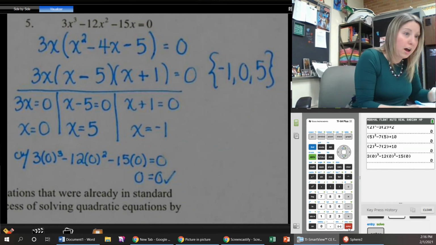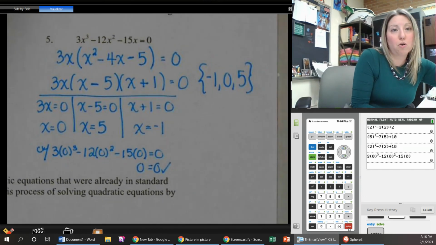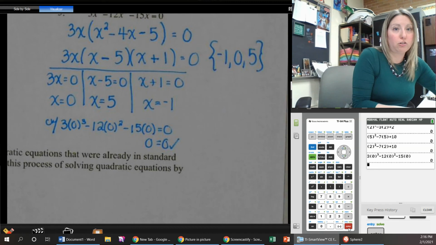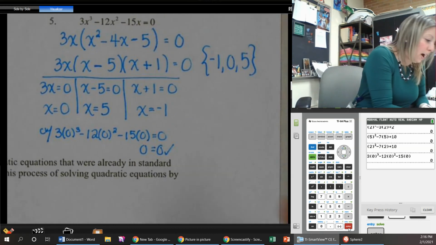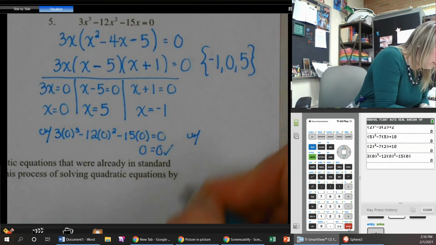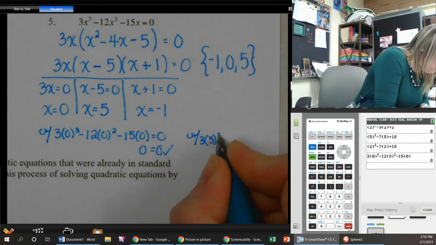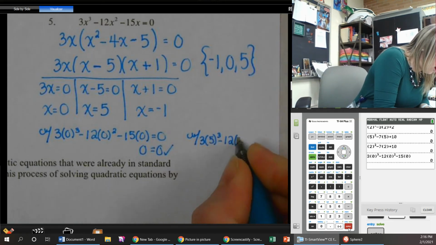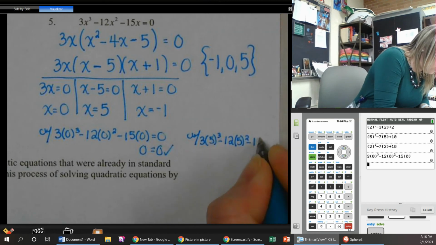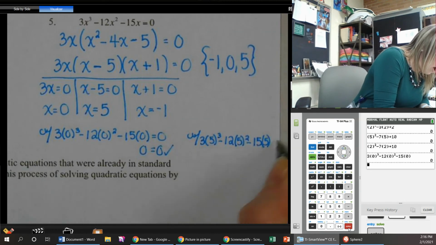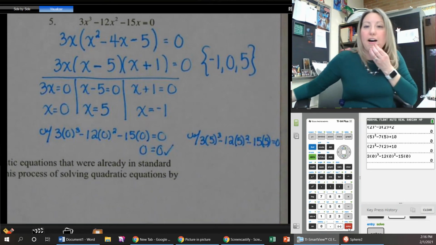So now I'm going to do 5. Let me zoom out. I'm just going to go underneath the wording a little bit with my checks. Let me do the 5 over here, and then I'll do the negative 1 down here. So 3 times 5 cubed minus 12 times 5 squared minus 15 times 5. Wow, that feels like a lot.